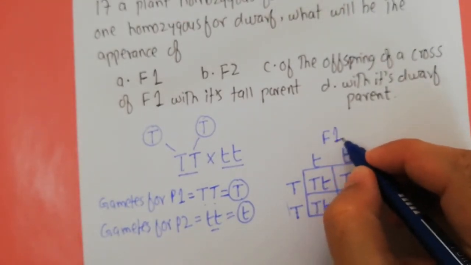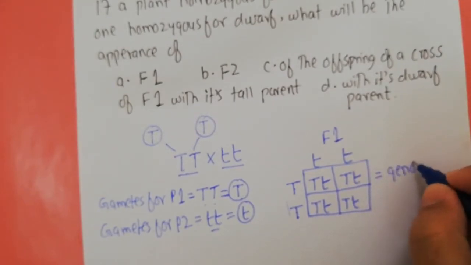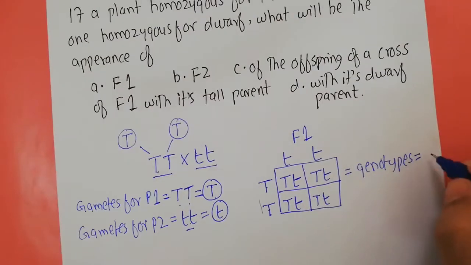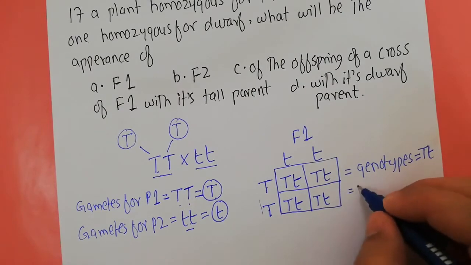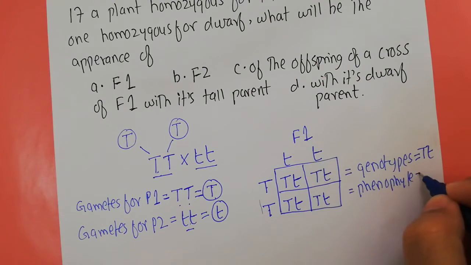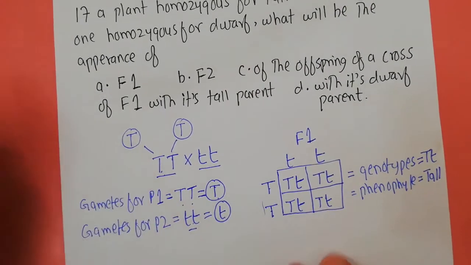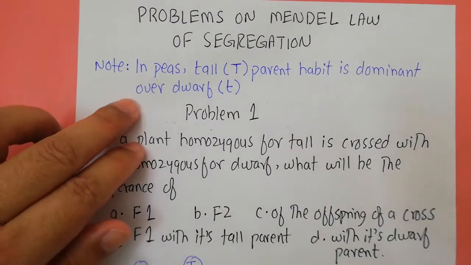Now if you look at the F1 generation, the genotype of all of the offspring will be the capital T and the small t. If you talk about their phenotype, that will be tall in nature, because as they have given in the note, the tall habit is dominant over the dwarf one.